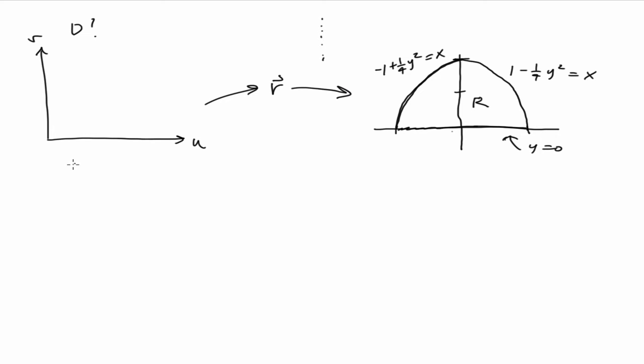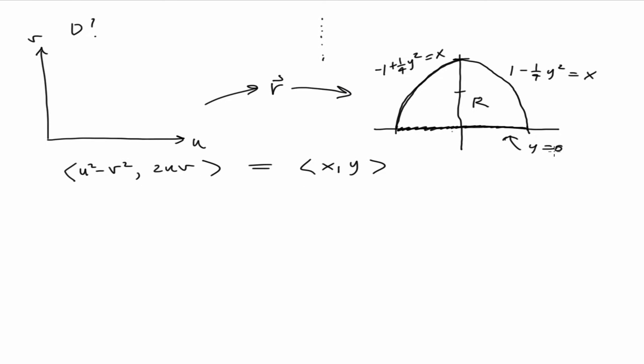The function is U squared minus V squared, comma, 2UV is equal to X comma Y. And what we want to do now is really examine these curves over here and see if I can make a correspondence between these using this function.